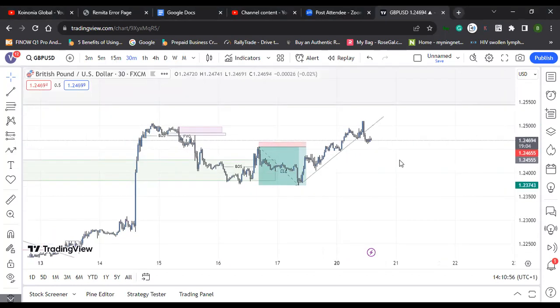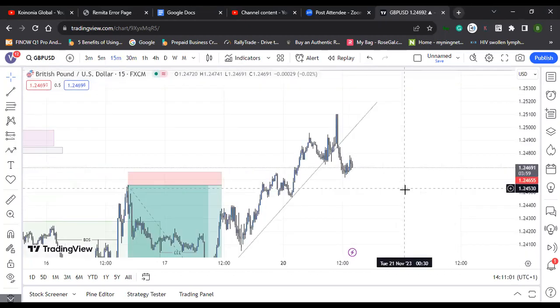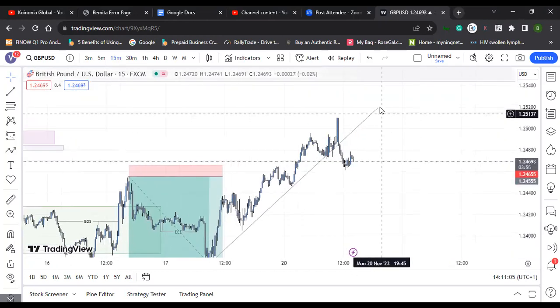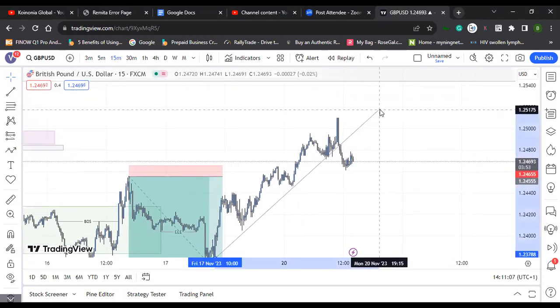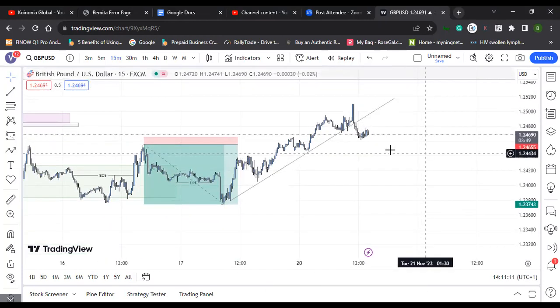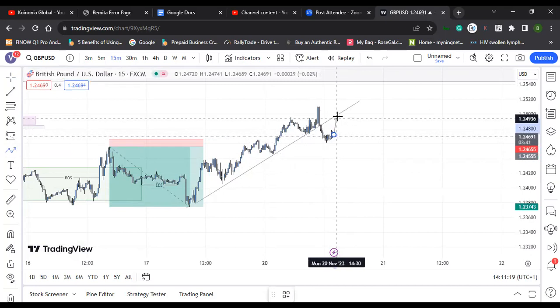Let's go to the 15 minutes time frame so we'll get a clear entry. I just want to be sure you guys are seeing my screen properly. On this point, I want price to tap and go back up anywhere around here. I'm comfortable taking a trade around here.